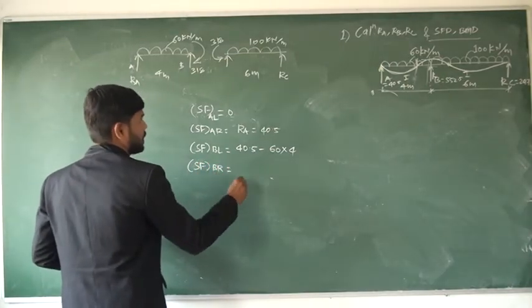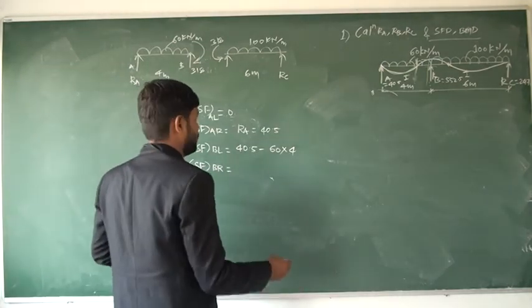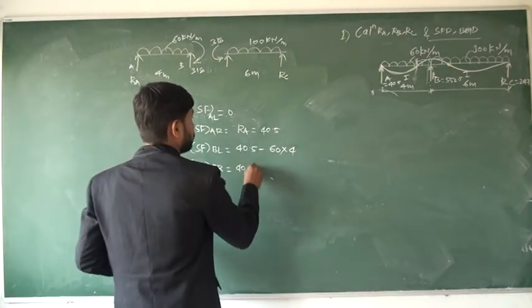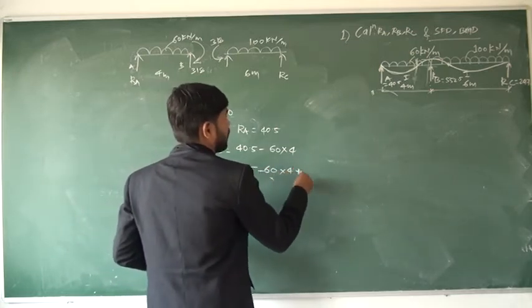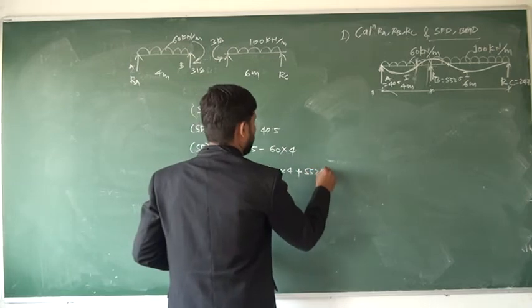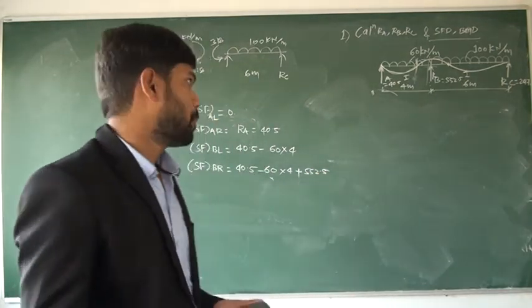Now shear force at B right. Here I will consider RB. So 40.5 minus 60 into 4 plus RB 552.5, because it is positive.